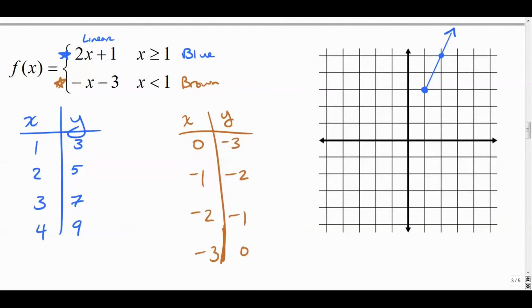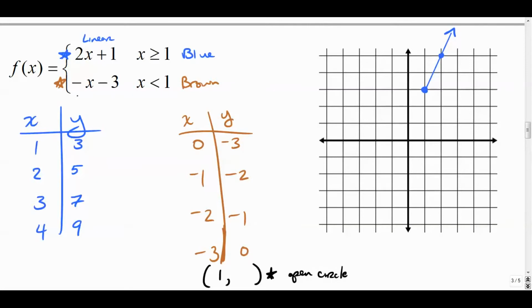Now it's also important, as I did in the last one, to figure out the sort of would-be value at 1. 1 isn't actually in the brown graph, but there's an open circle there. So I'm going to write it down here, and I'm going to remind myself that there's an open circle there, but it's helpful to know that y value.